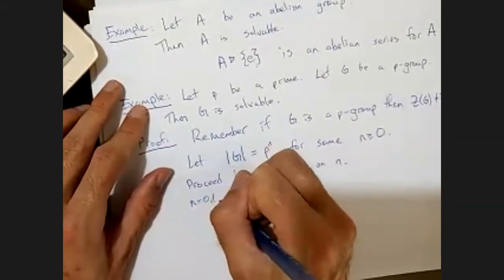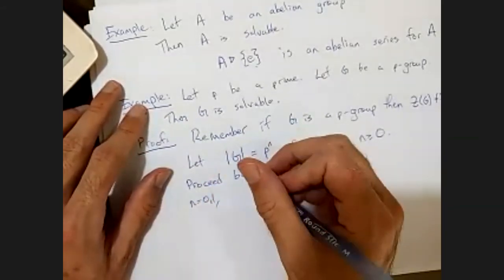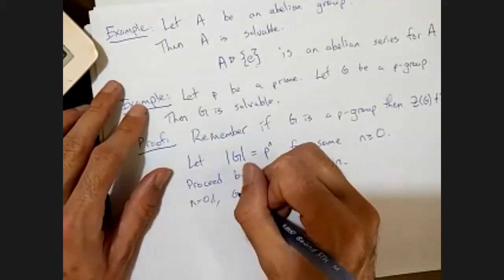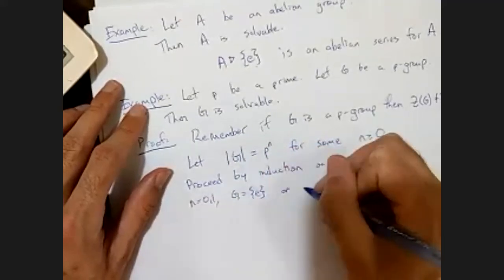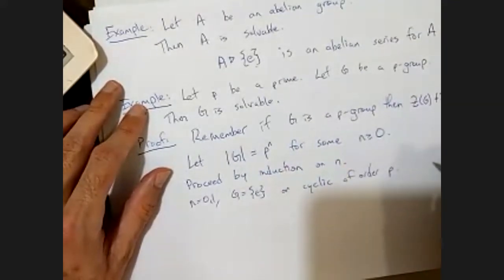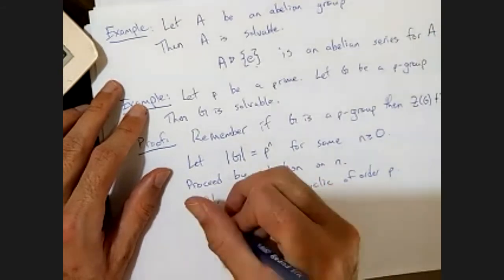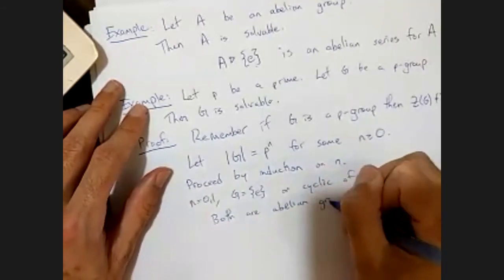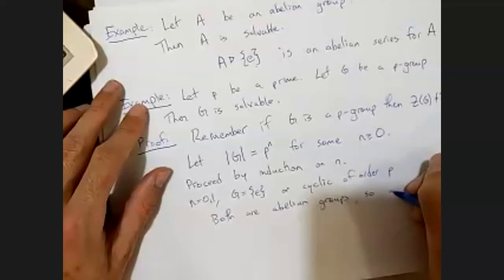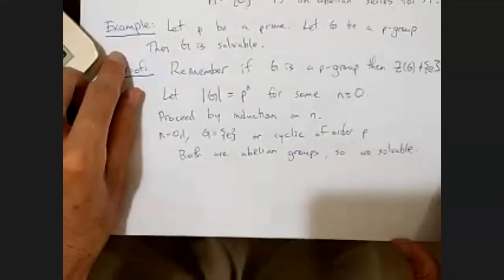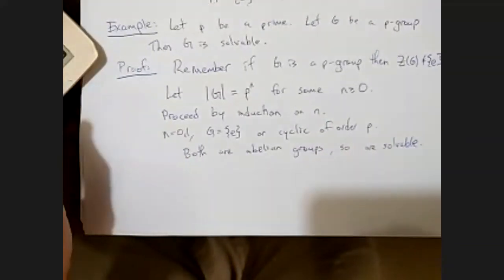If N equals 0 or 1, then G is either trivial or a cyclic group of order P. Both of these are abelian groups, so solvable. So the base case is no problem.